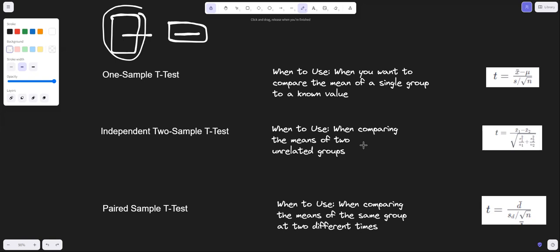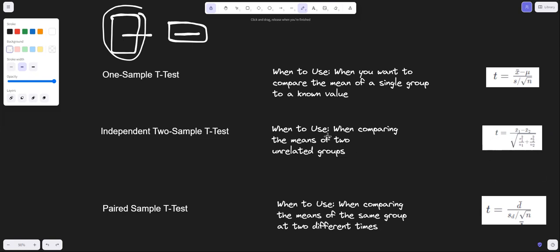You have two independent groups, the boys group and the girls group, and you compare their mean heights. The formula is x1 bar, the mean of the first group, minus x2 bar, the mean of the second group, divided by the square root of s1 squared, the variance of the first group, over n1, the total number of boys, plus s2 squared, the variance of the second group, over n2, the total number of girls.